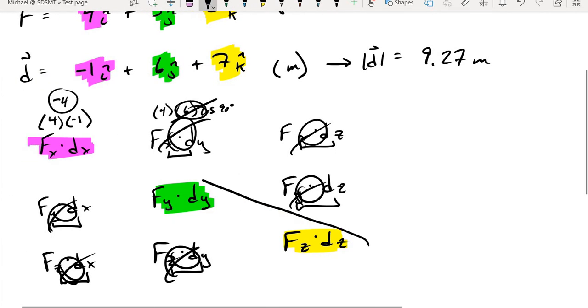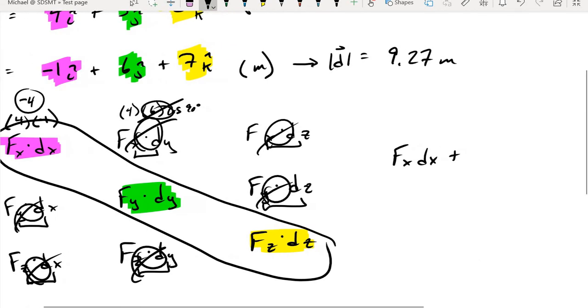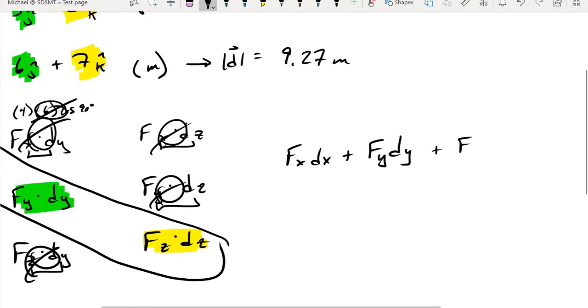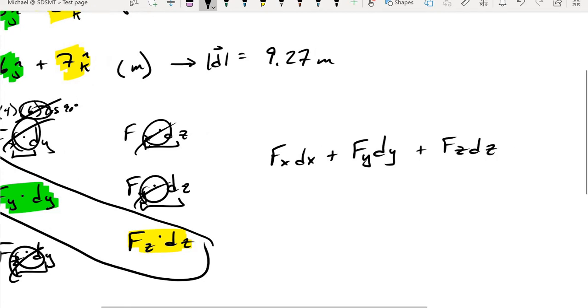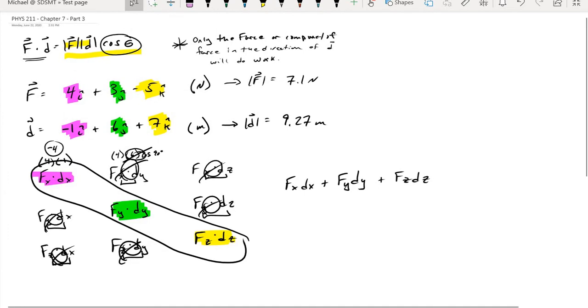And so it's just everything along the diagonal here that's actually going to contribute. This means that we can evaluate the work done by this three-dimensional force along a three-dimensional displacement by just taking the product of all of the components.